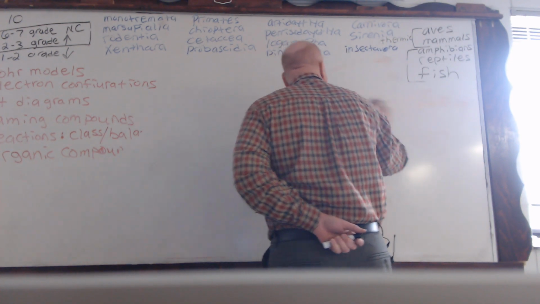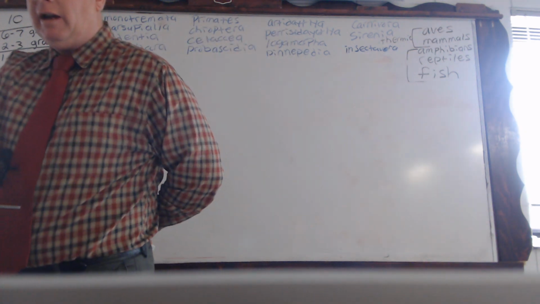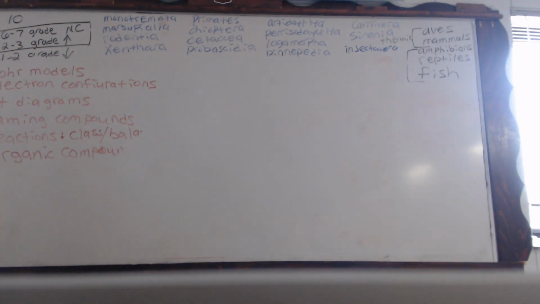Okay, if you had your pick, which would you prefer doing? An ionic compound or a covalent compound? Ionic is probably better. Why might that be? Metal, non-metal. Metal and nonmetal. Okay?